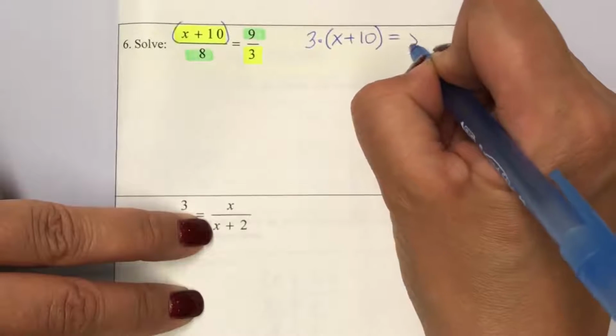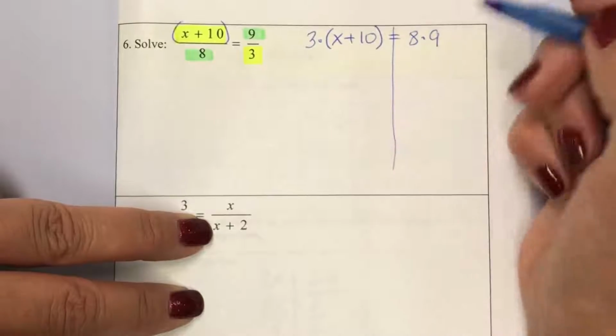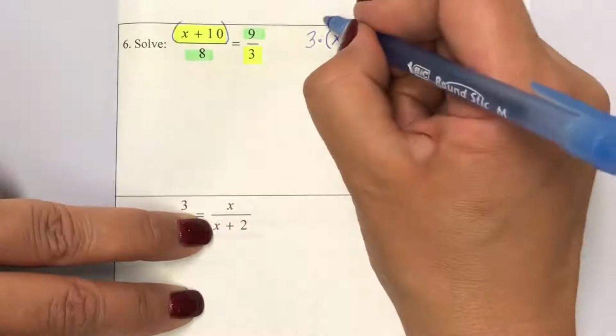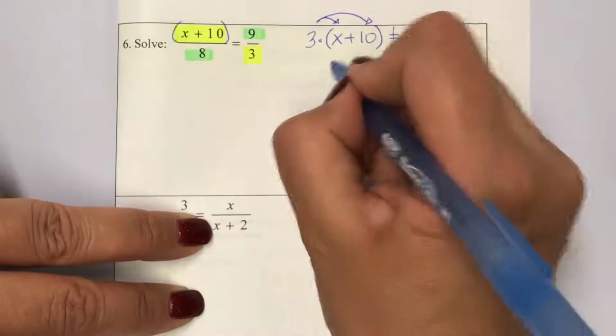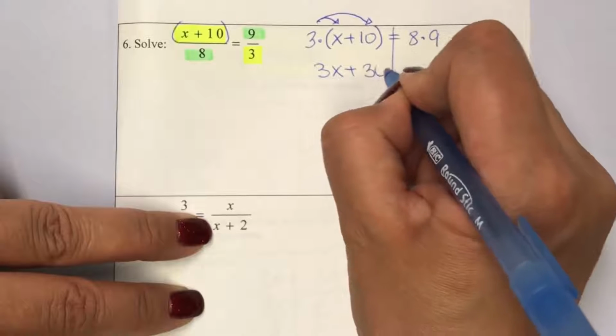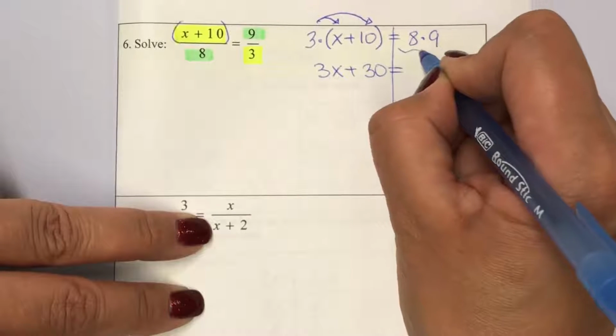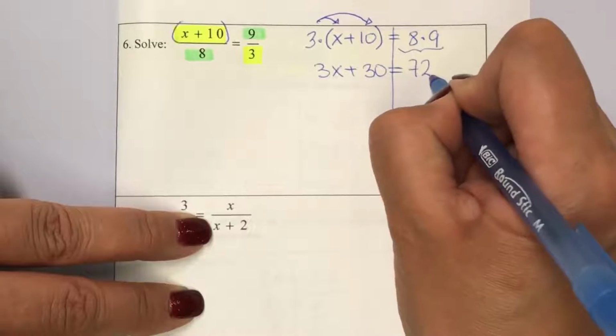The other way across, we have 8 and 9 multiplied. Distributive property, 3 times x, 3x, 3 times 10, 30, plus 30, 8 times 9, 72.